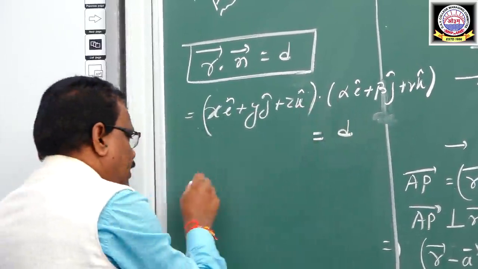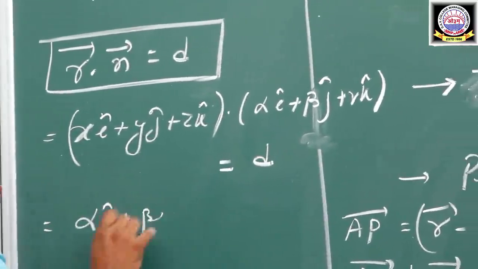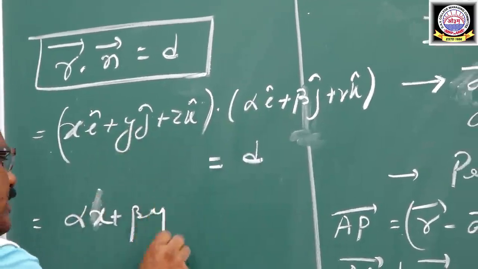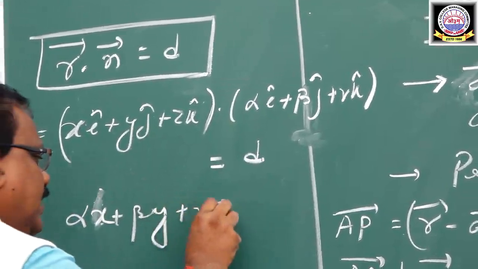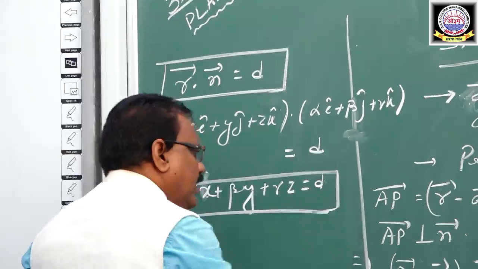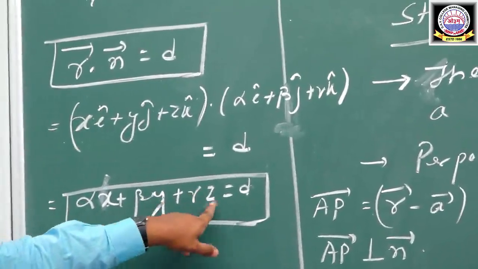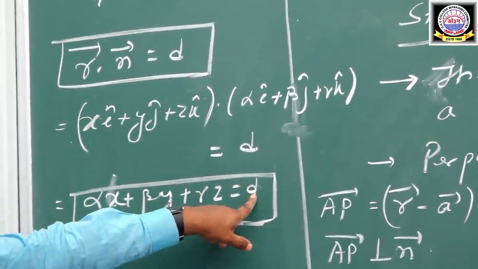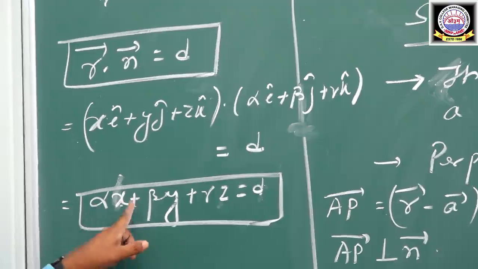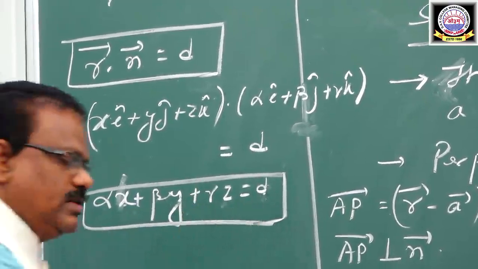So doing the dot product, what am I getting? Alpha into x plus beta into y plus gamma into z is equal to d. So we have called it ax plus by plus cz is equal to d. In other words, you mention something x plus something y plus something z is equal to a constant.